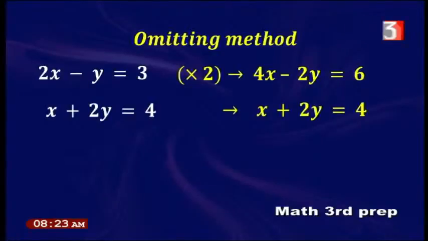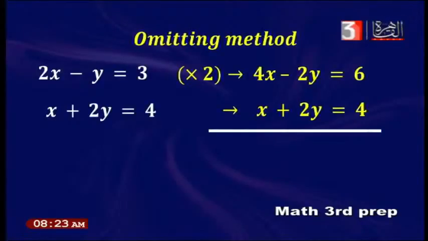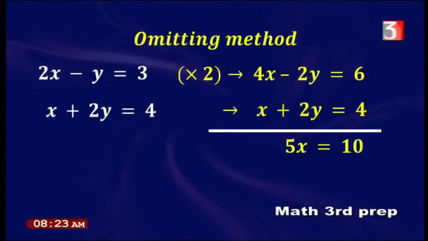If you add these two equations together, you are going to find that negative 2y plus 2y are additive inverses of each other, so their sum is 0. Then 4x plus x gives 5x equals 6 plus 4 equals 10. And the negative 2y and 2y are omitted with each other. In this case, we can say that the value of x equals 2.